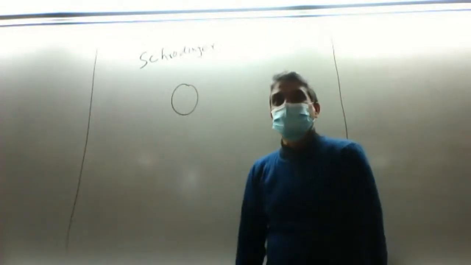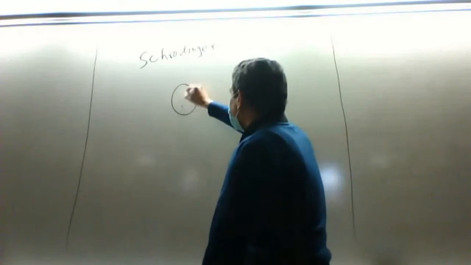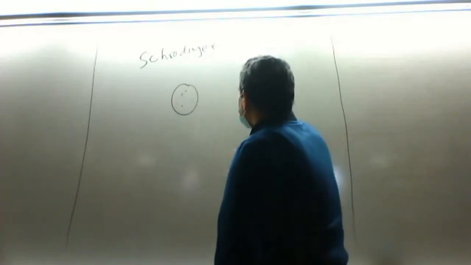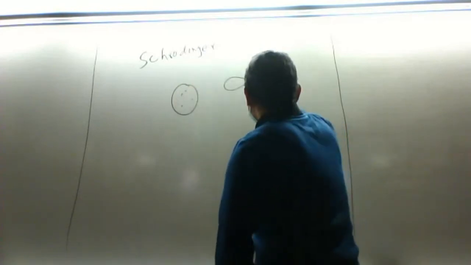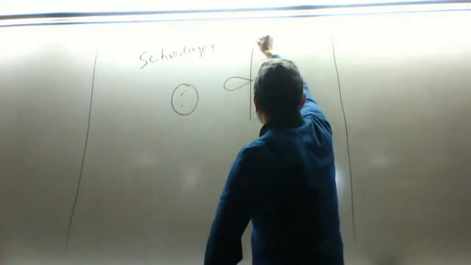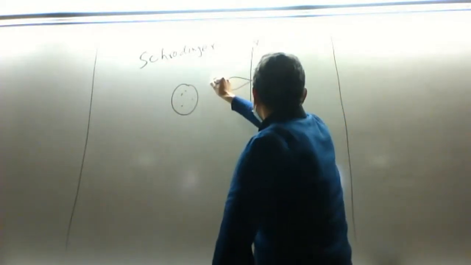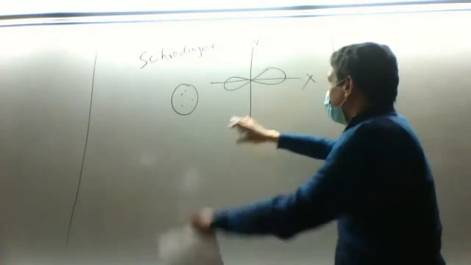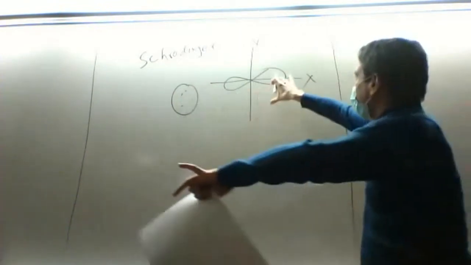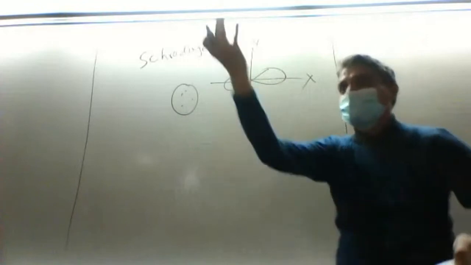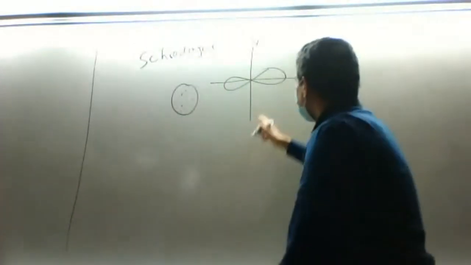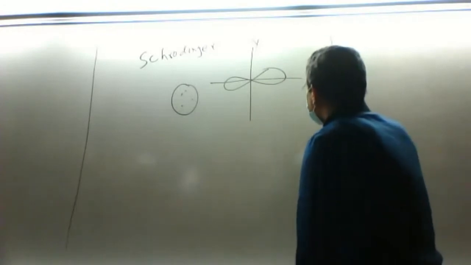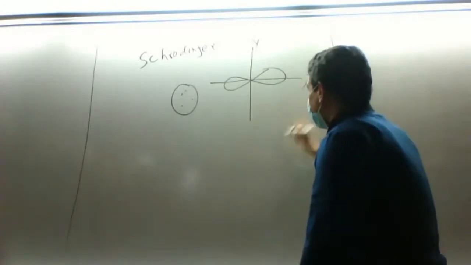Another one they get, just in the x and y axis, suppose this is the y axis and this is the x axis, is something like a dumbbell. When you exercise, you have a dumbbell, right? Just like that.